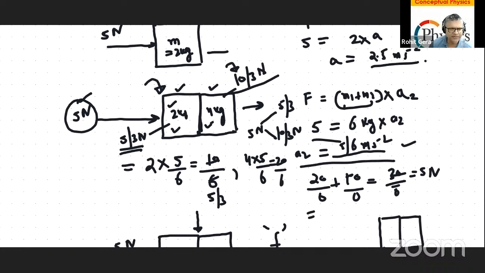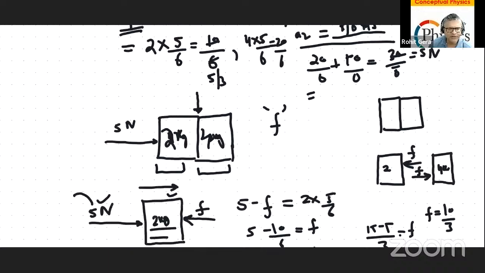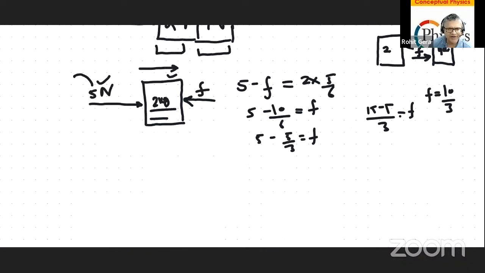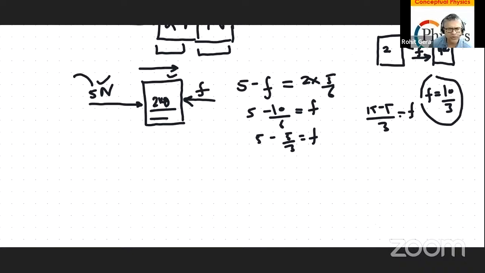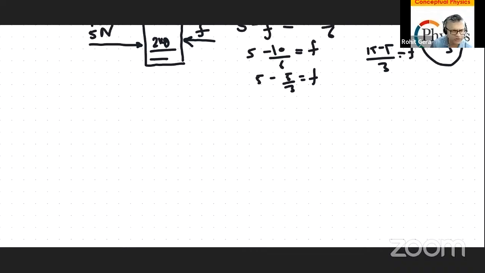In the second law, the acceleration 5 by 6 that we found, we multiplied it with 4 kg, so out of 5 newton, 10 by 3 newton it got. And now, when I did not use that concept and instead used the action and reaction pair, my reaction pair is coming 10 by 3, meaning a 10 by 3 newton force is going on the 4 kg, and 10 by 3 is also going on the 2 kg. So obviously, I hope you have understood that there is a hidden reaction and action force between these two blocks, although the system is being exposed to 5 newton, but overall there is a force appearing between the contact surfaces of the two blocks.